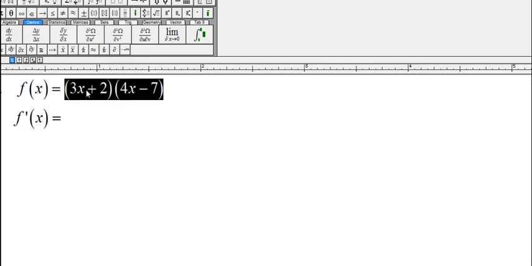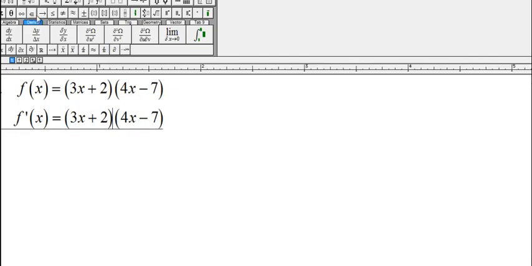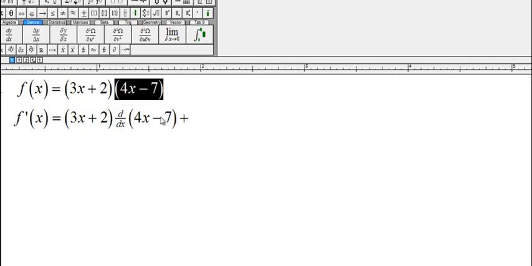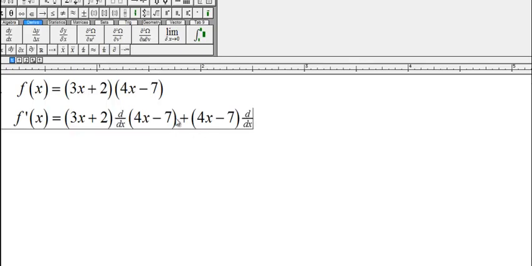If we do that, what does that tell us to do? It says take the first times the derivative of the second, plus the second part times the derivative of the first part.